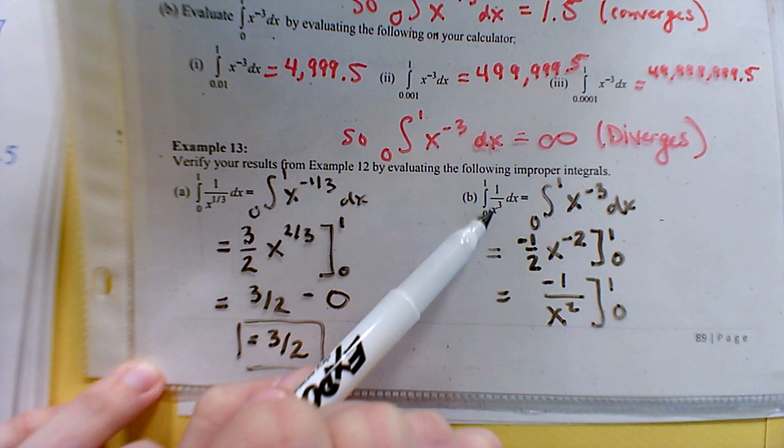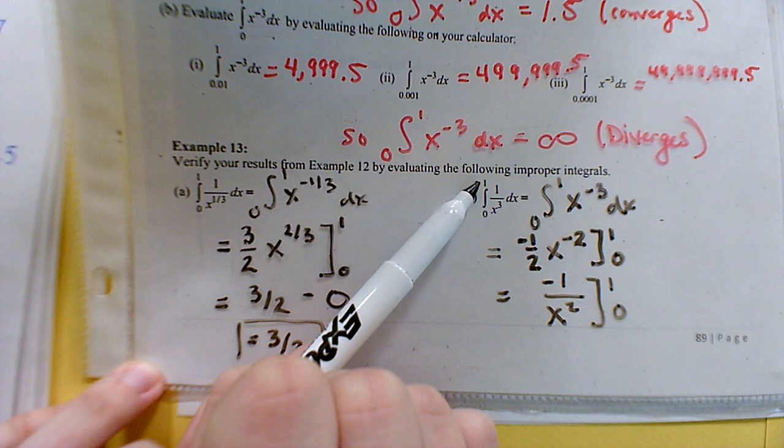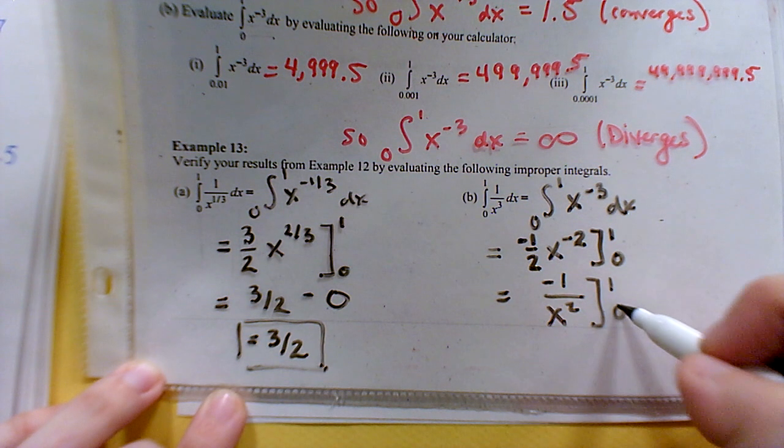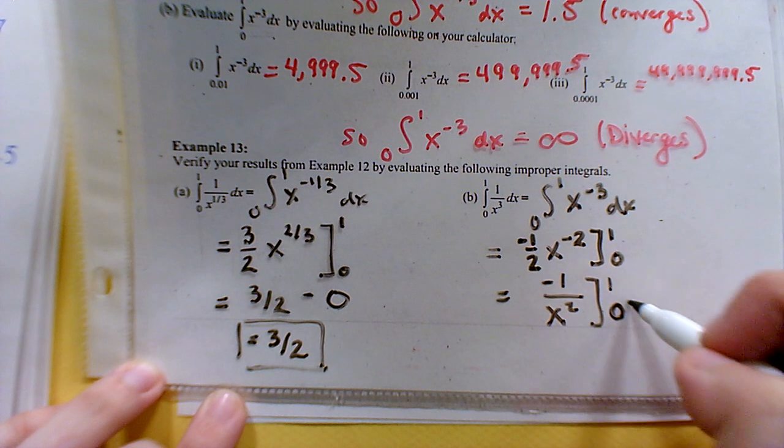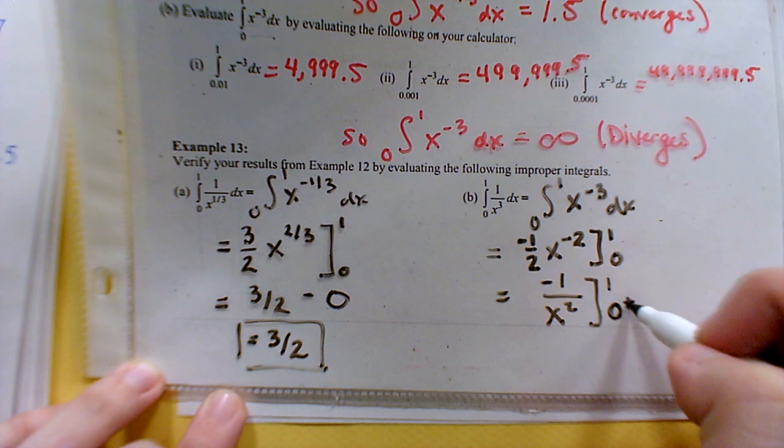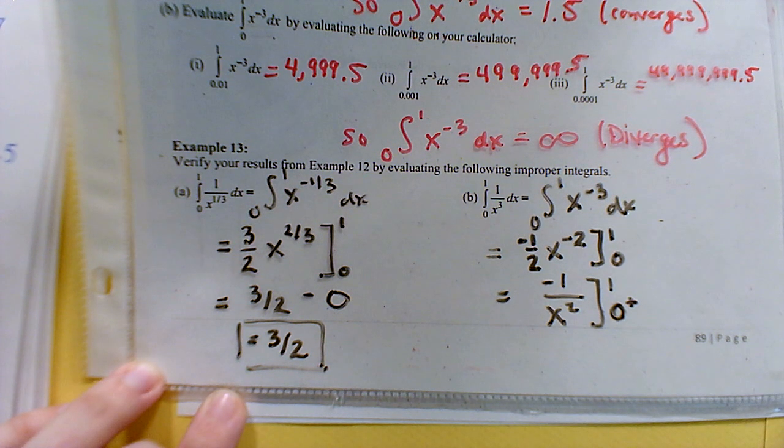So if we're trying to figure out the area from 0 to 1, we're technically trying to figure out a plugging in 0 value from the right-hand side, because we're on the right-hand side of the y-axis from 0 to 1. So even though we can't physically plug in 0, we're going to do something very similar to the calculator idea here.